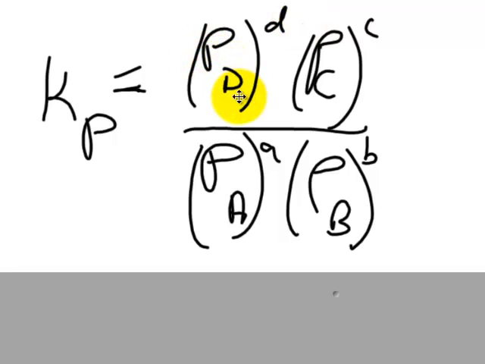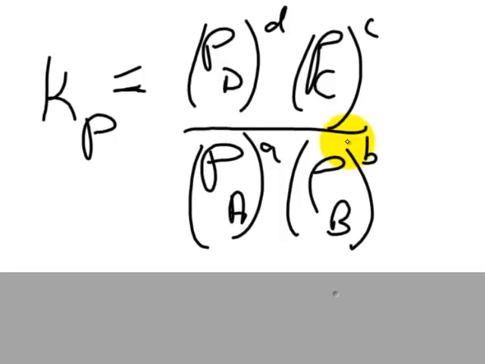The partial pressure of gas D to the power of the coefficient times the pressure of gas C to the power of the coefficient of product C over the partial pressure of reactant A to the power of the coefficient A times the pressure of reactant B to the coefficient of B. Exactly the same form, except pressures.